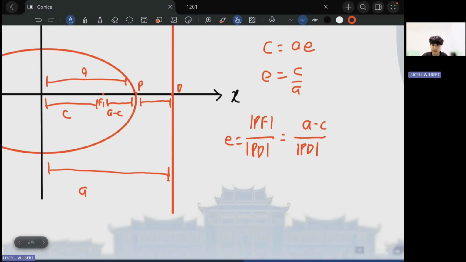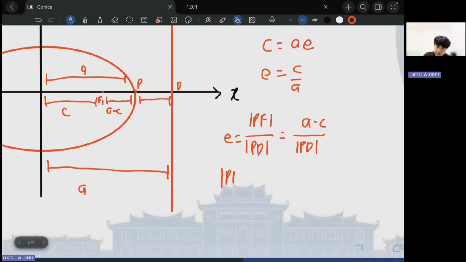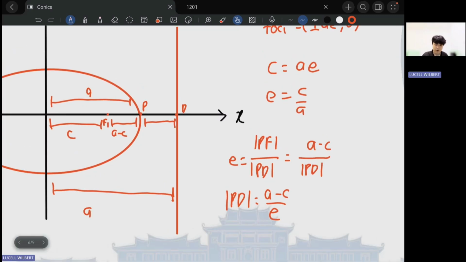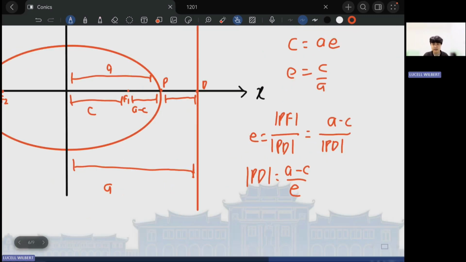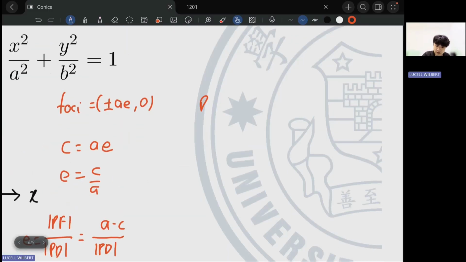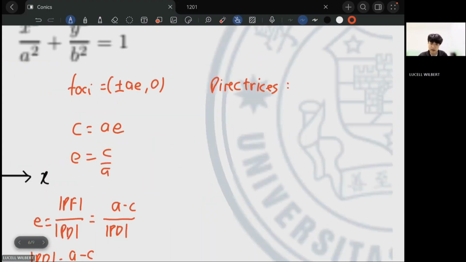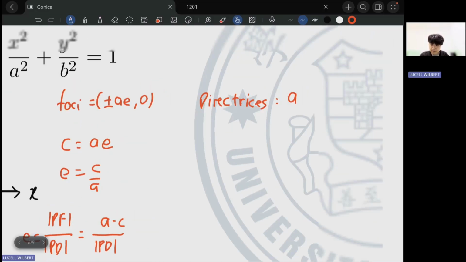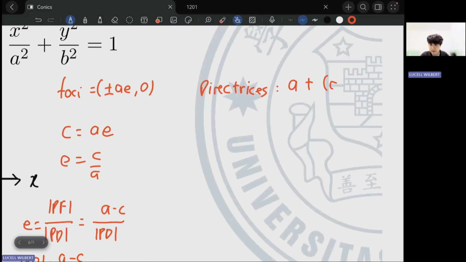So we can change it into PD equals (a minus c) over e. Therefore, we know that the distance is a plus (a minus c) over e. So the directrices are a plus (a minus c) over e.